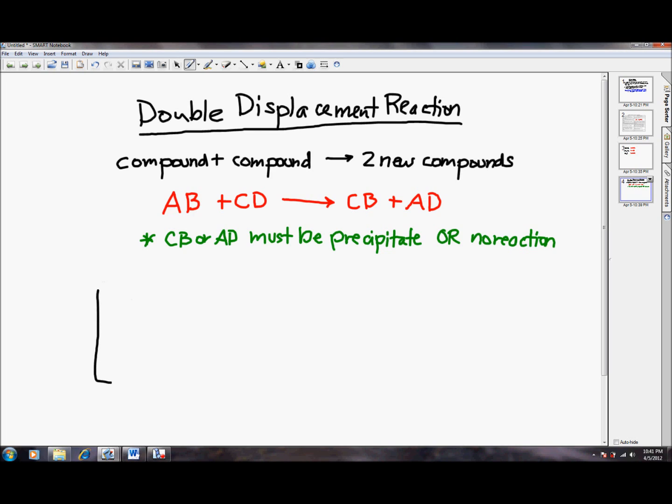Okay, I'm a pretty visual person. Now here's one important thing for you to know. For a double displacement reaction, AB and CD have to be soluble. They have to both be dissolved in water in order for the switching to occur. So when I put AB in water, I'm going to get some A plus, whatever A is, and I'm going to get some B minus.